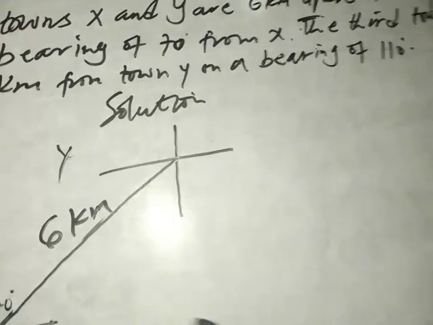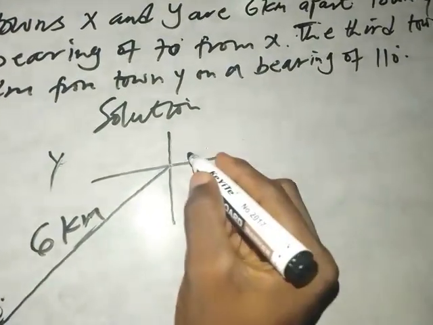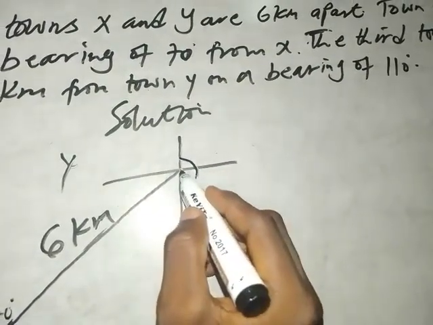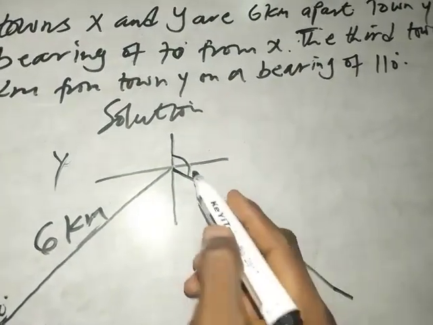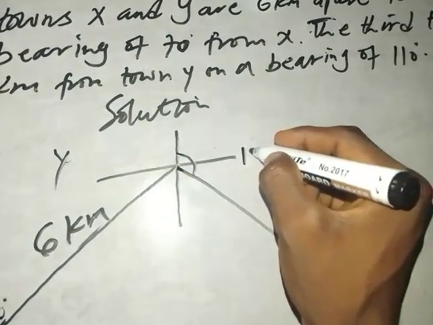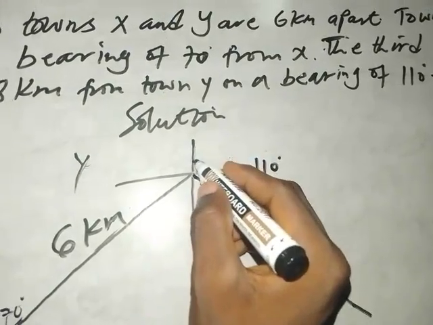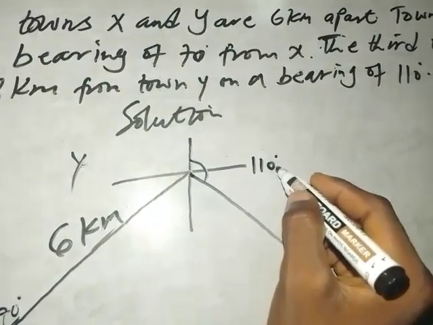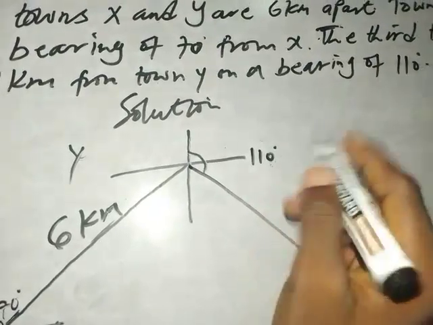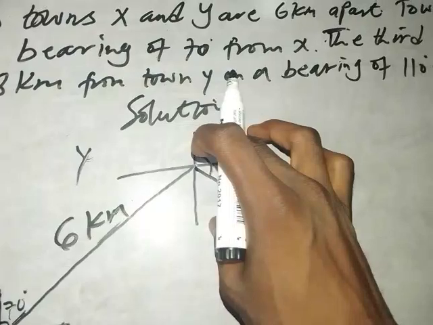So you draw something like this from here to this place. The whole of this angle is 110 degrees because 90 plus 20 will give you 110 degrees. So you have located your bearing at town Y.